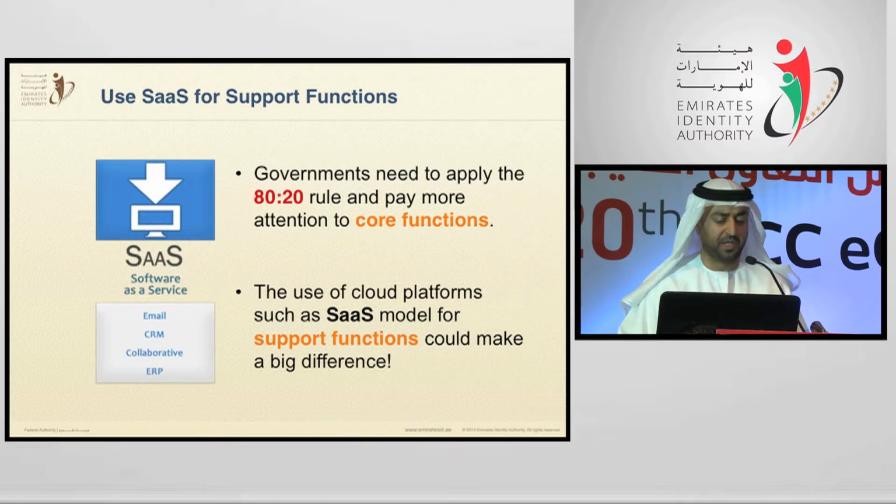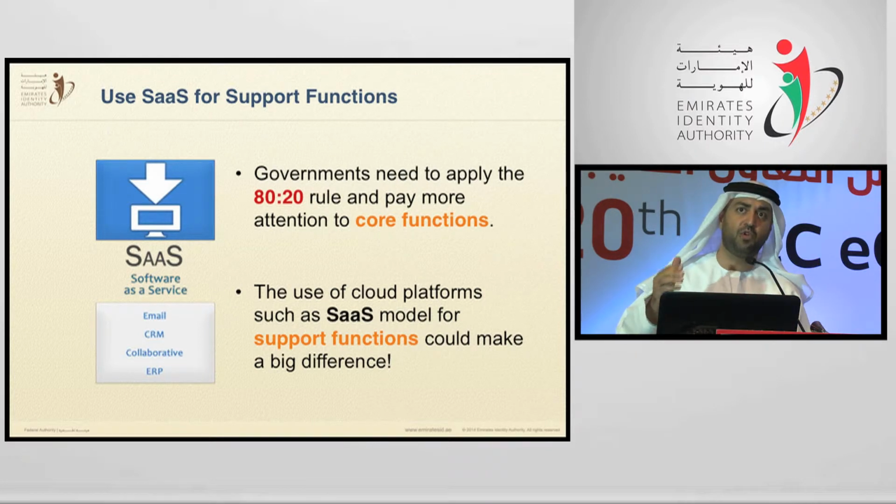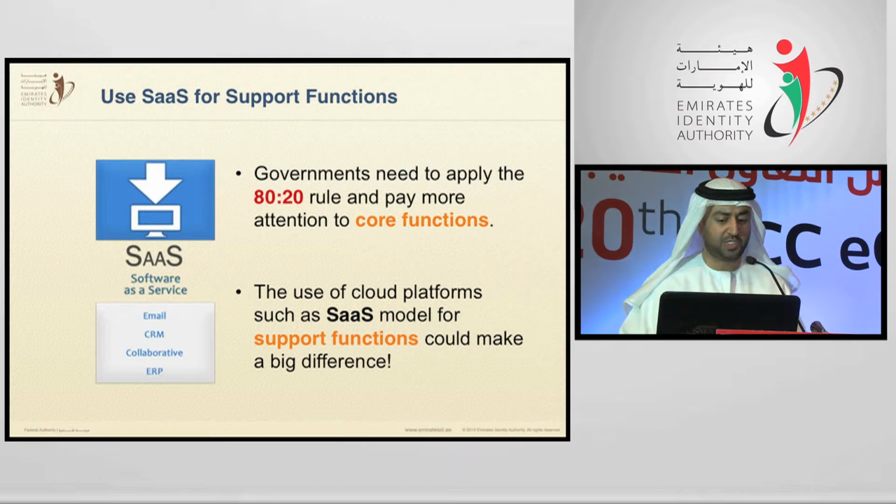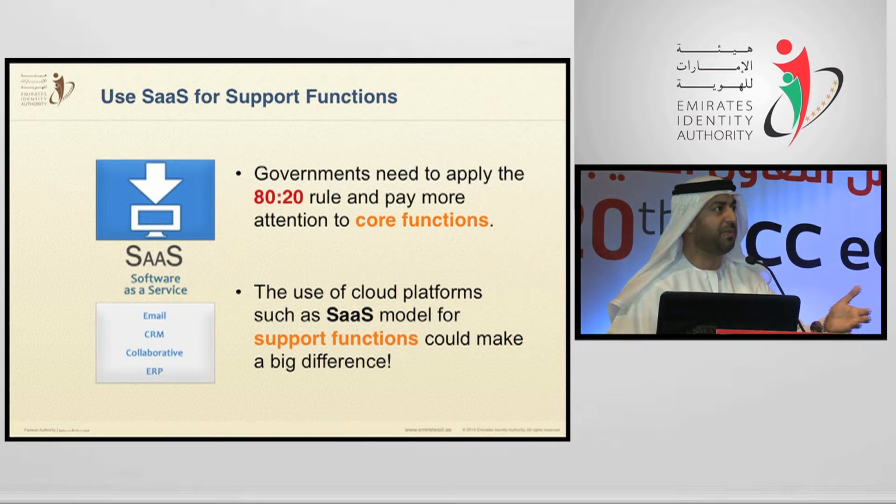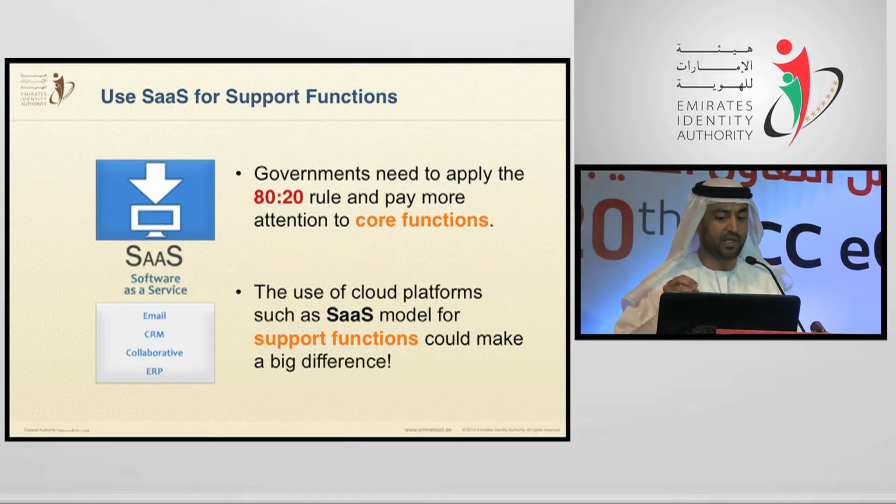So the recommendation here is that governments need to pay more. For example, they could use software as a service or application as a service for emails, CRMs, collaborative environments to support functions. And definitely this could make a huge difference when they follow such models.